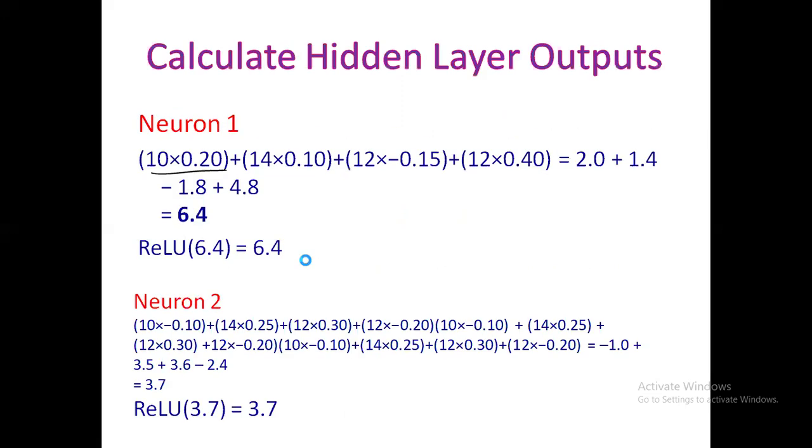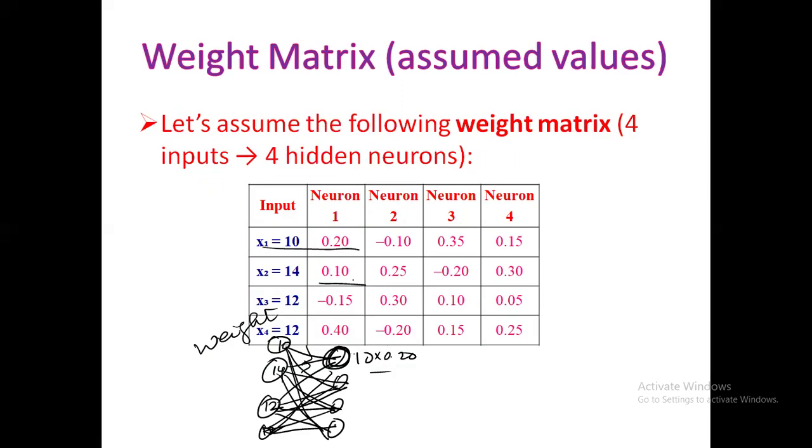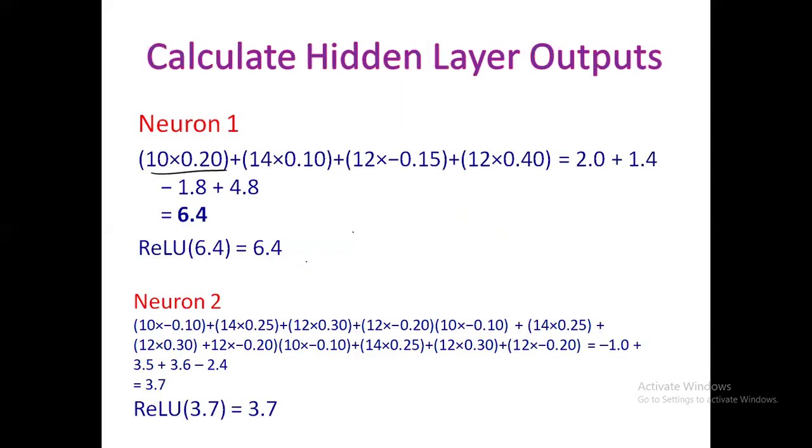Next, 14 should be multiplied with this value, and then 12 is multiplied with 0.15 and the other 12 is multiplied with 0.4. Got it? So if you multiply and add, you get the value 6.4. If you apply ReLU, this is a positive value, so you get 6.4 only.